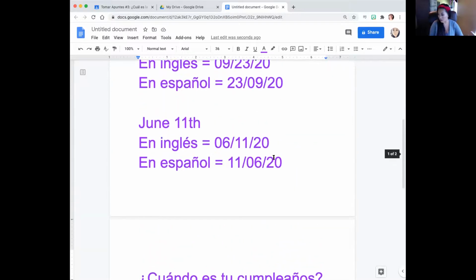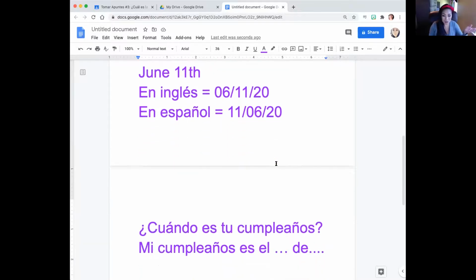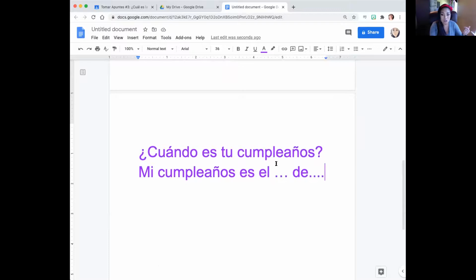And I think the very last thing that I asked was, ¿cuántos números necesitan para escribir las fechas del calendario? How many numbers do you need to know? Do you need to know up to 100? No. For las fechas, necesitan 31.